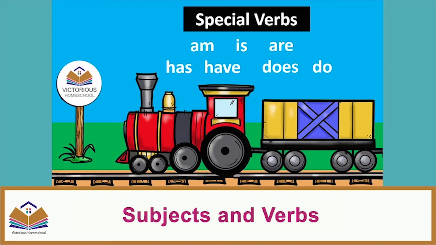Say, for example, Jenny is a girl. So what if Jenny is joined by her friend Terry? So you say, Jenny and Terry are girls. That's when you use are. So that's what you have to remember now. Is singular, are is plural.